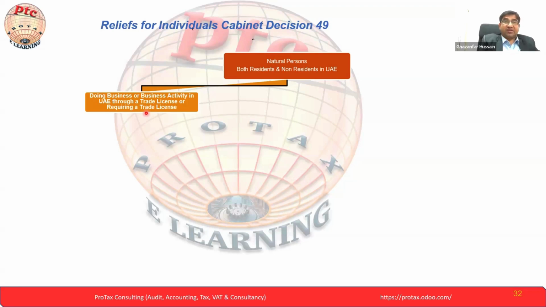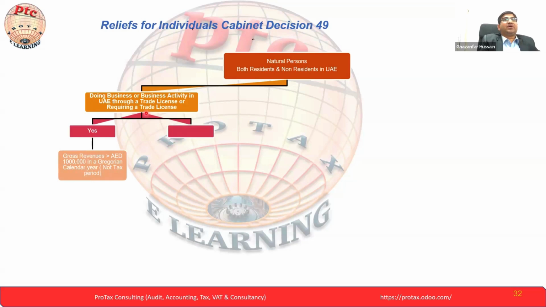But if the activity requires a trade license, even if you do not have one, you will be within the scope of corporate tax. Now, if the revenue is greater than 1 million in a Gregorian calendar year, not a tax period.